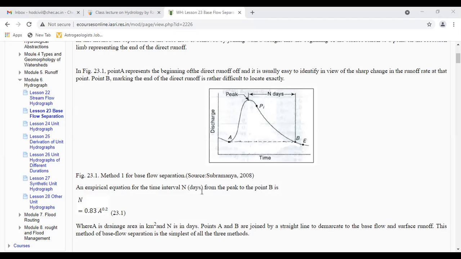If a continuous record of discharge in the stream over a period of a few years is available, a master depletion curve, also called a type curve or composite recession curve, is constructed and used for separating the base flow. The construction of the master depletion curve is as follows.